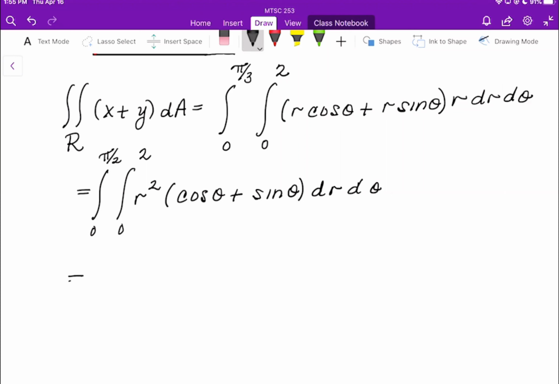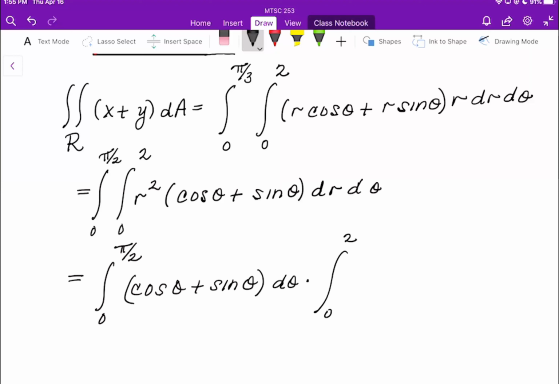So I can write this as the integral from 0 to pi over 3 of cosine of theta plus sine of theta d theta times the integral from 0 to 2 of r squared dr. I don't always do this, but I can.